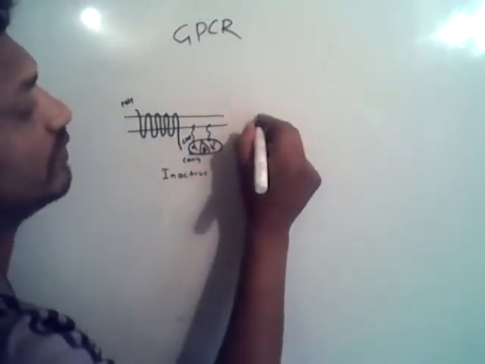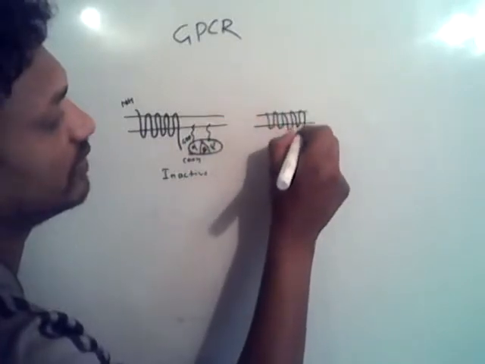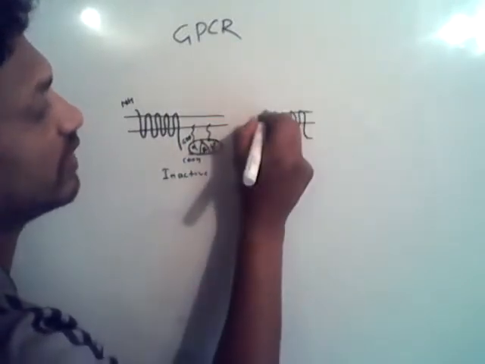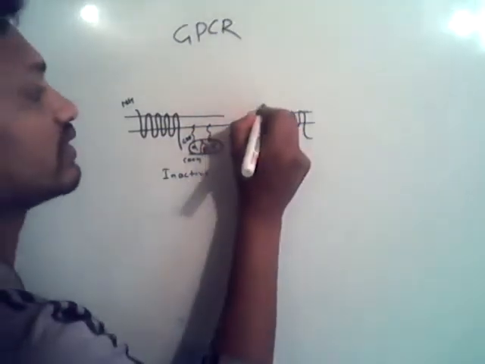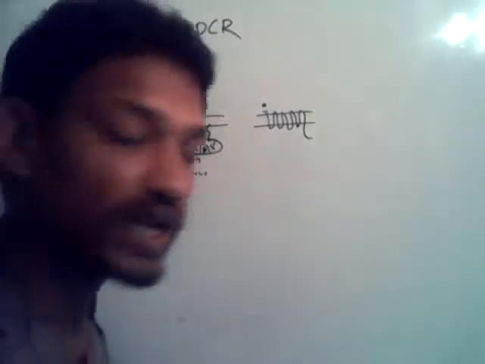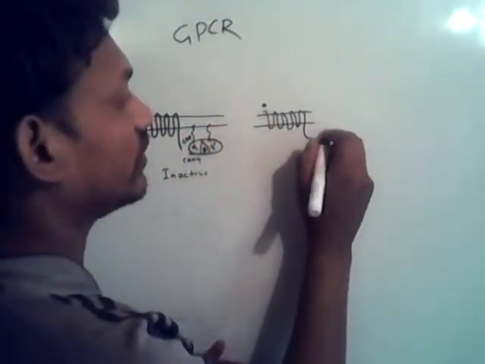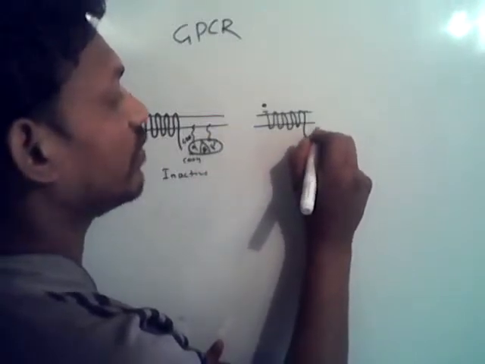So what happens? For example, this is a membrane, and this is a 7-time crossing membrane receptor. It has carboxyl and amino terminals. For example, here the signaling molecule binds, and the G protein binds to this carboxyl terminal.